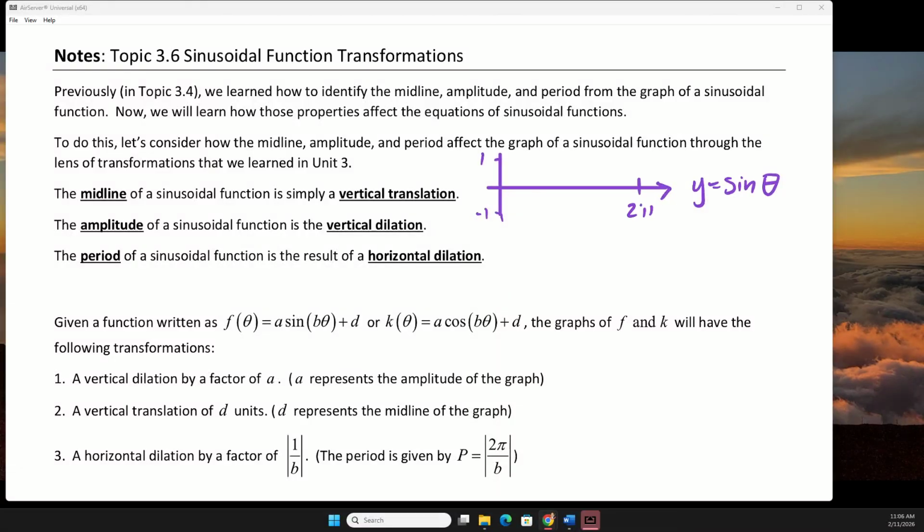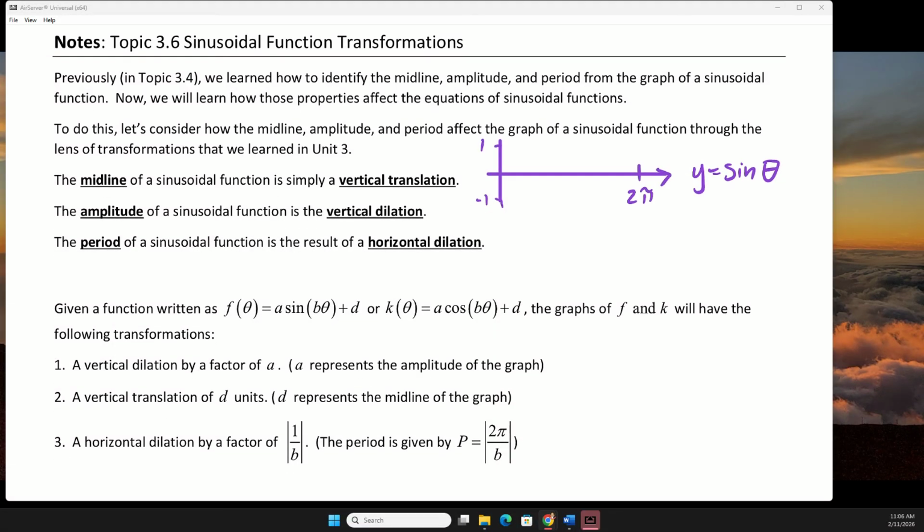So sine completes one cycle in 2 pi. And so I guess the important parts of the sine curve happen at the beginning of 0, at pi over 2, pi, and 3 pi over 2. So that's the max, the mins, and the middles of the sine curve.